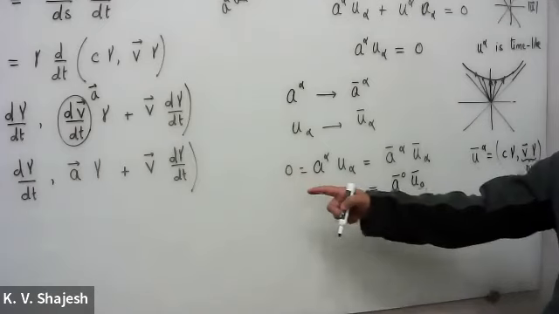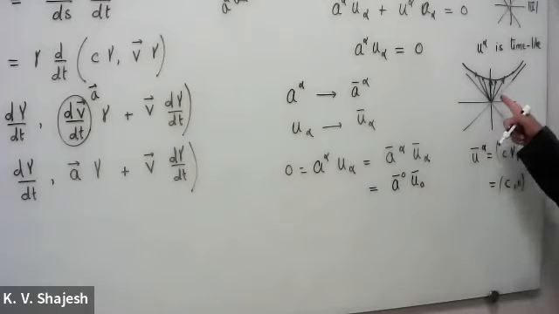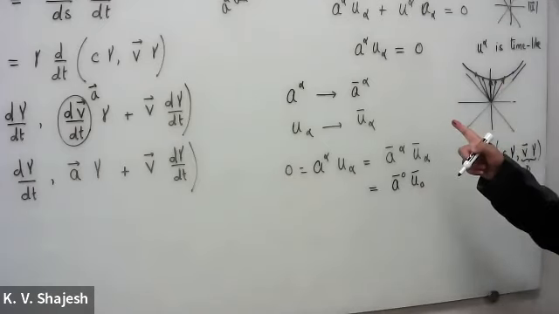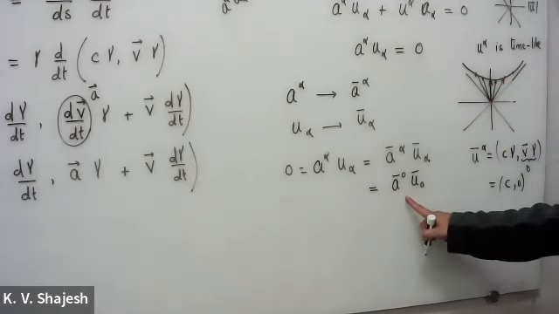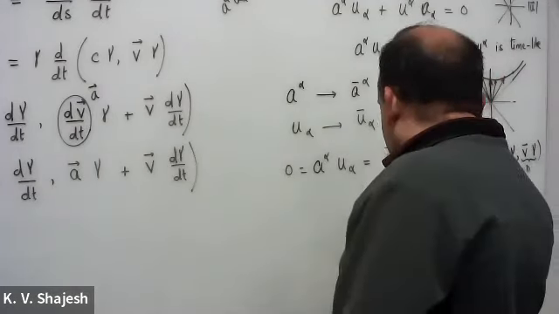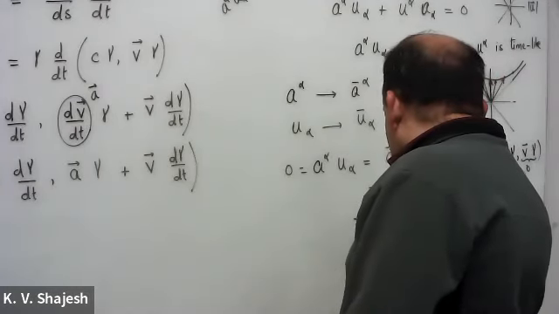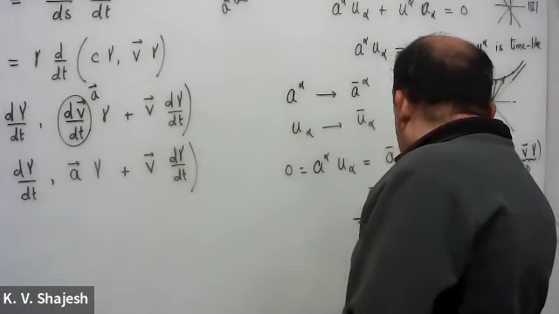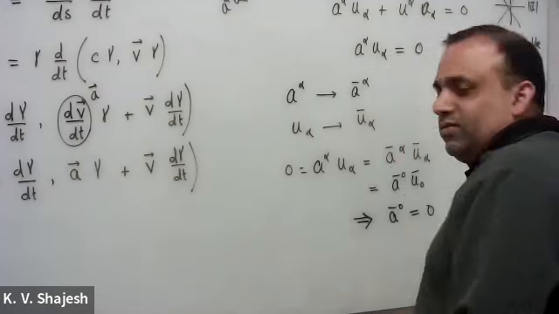This is equal to 0. This is not 0 because that's a time-like component of that in the rest frame. So at least there exists one frame out of many where the time component of acceleration, the forward acceleration, is 0. So this implies that A bar 0 is equal to 0.